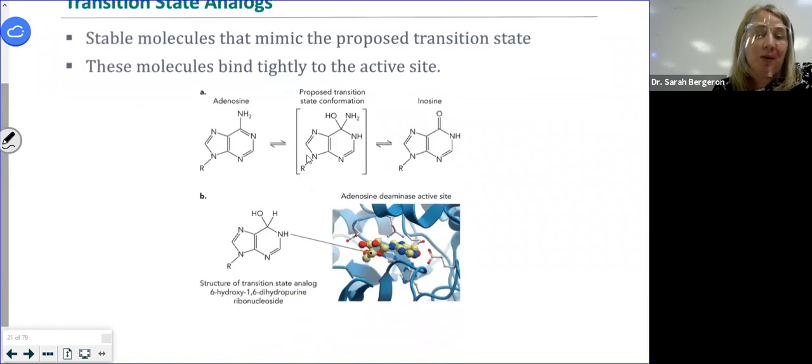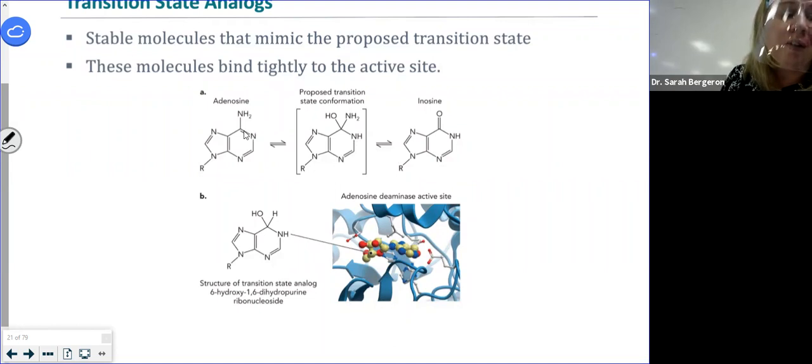So for example, we have adenosine deaminase. Adenosine deaminase will deaminate adenosine, right? Our proposed transition state conformation, we can't really check because they last for such a short amount of time.